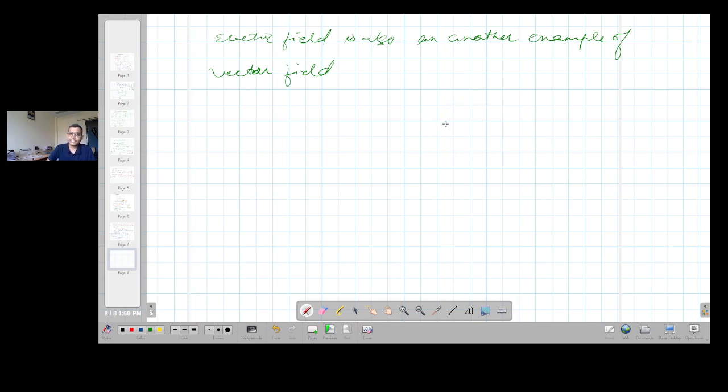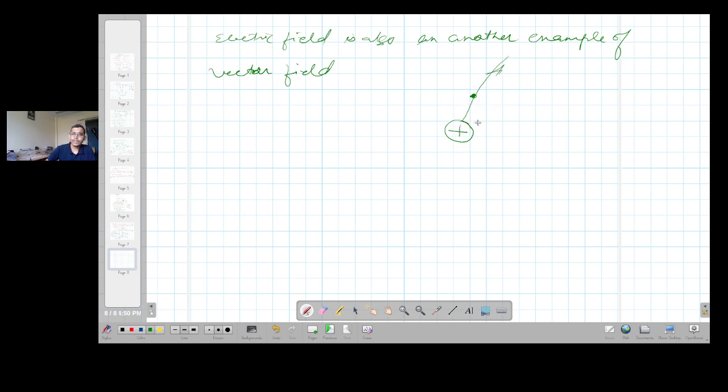Let us take an example. Say we have a source charge, a positive charge, and if I bring a unit positive charge closer to it, it moves away from it, right?